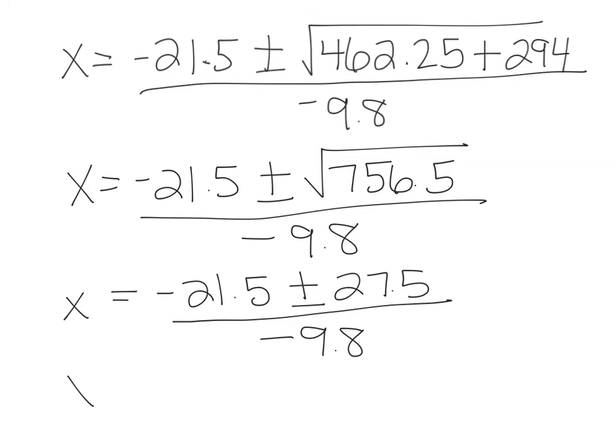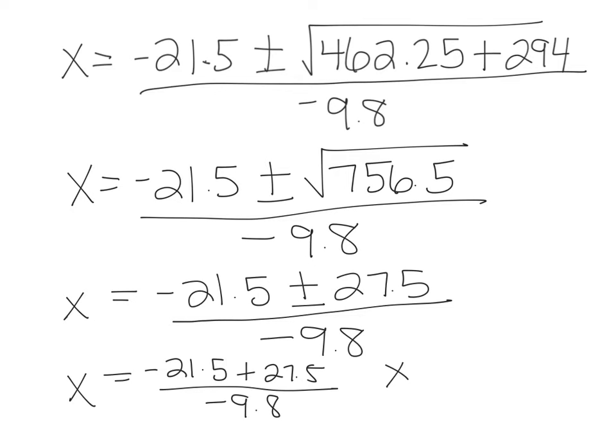And if I continue by taking negative 21.5 plus 27.5 divided by negative 9.8, my other solution is going to be negative 21.5 minus 27.5 divided by negative 9.8.